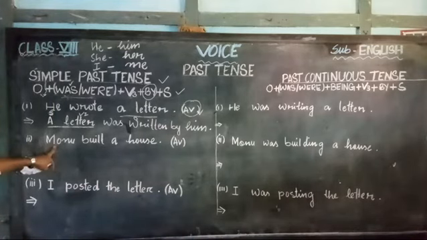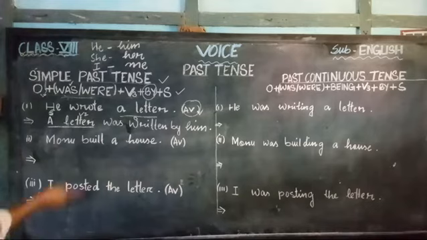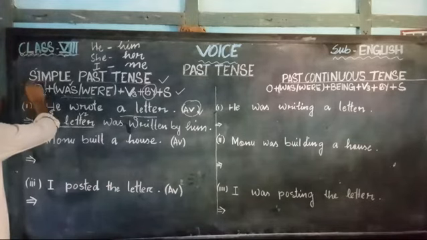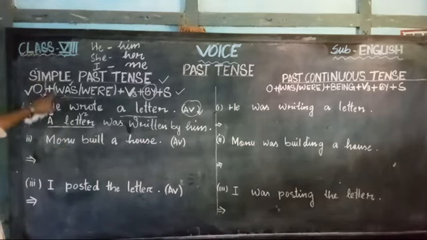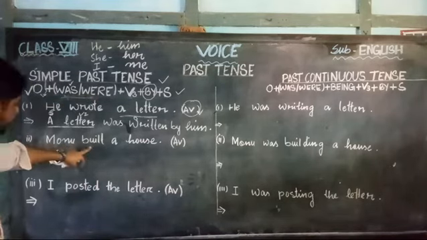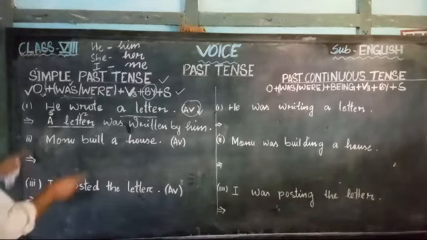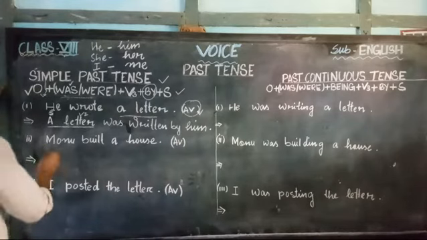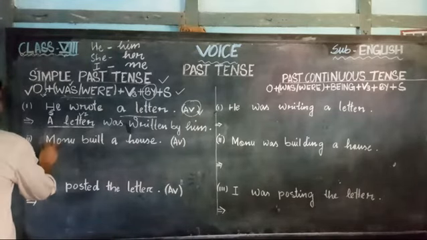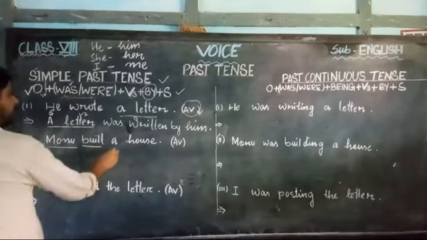Now, second example, we will do this also, with the help of the same rule, because this sentence is also in simple past tense. So first you try to identify which one is subject, which one is verb, and which one is object.